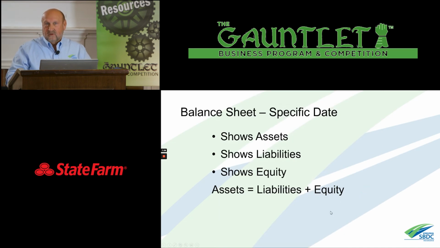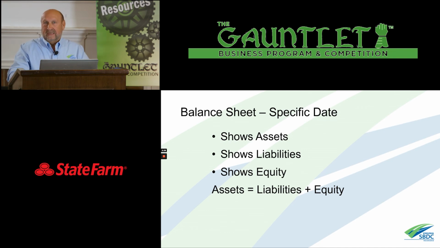Now the next term we're going to go to is balance sheet. The difference between a balance sheet and a profit and loss statement is that a balance sheet is for a specific date. In other words, I want to know how my business is standing on December 31st, or on June 30th. It's not covering a period of time, it's a specific date. This report is going to show your assets, which means things like bank accounts, accounts receivable, inventory, and things like that.